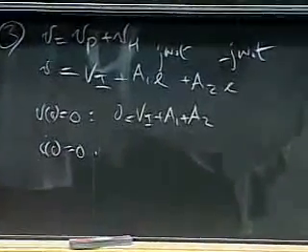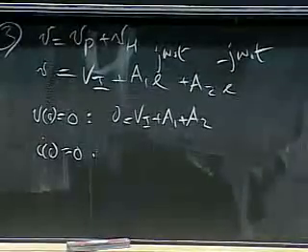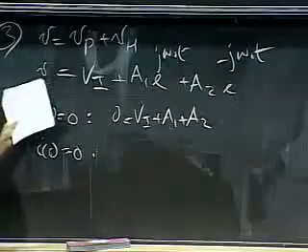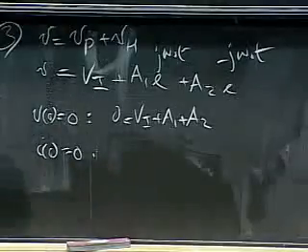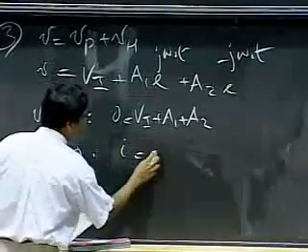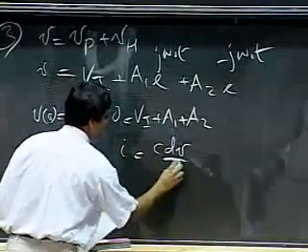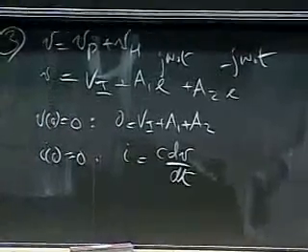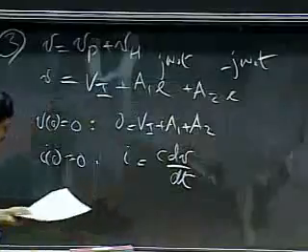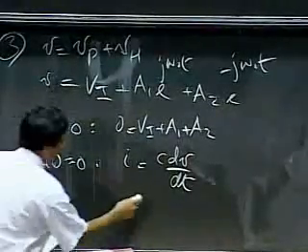I'm also given that I of 0 is 0, and so I can get that as well. How do I get I? I know I is C dV/dt. So I can get I by simply multiplying by C and differentiating V with respect to t.